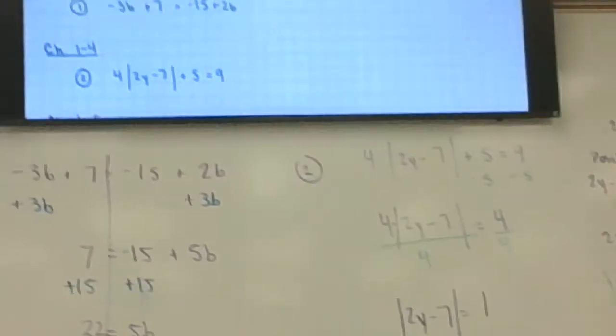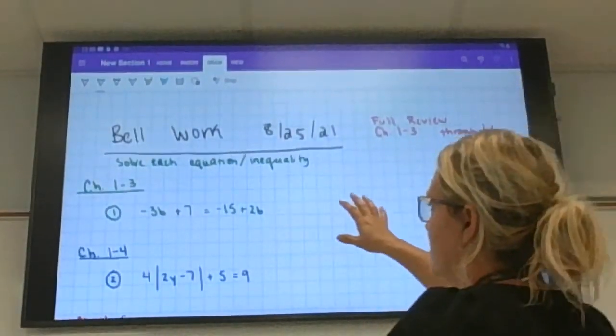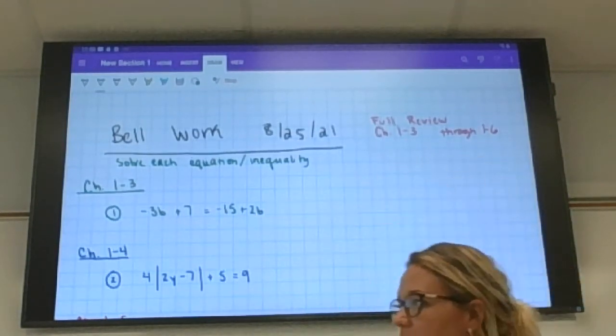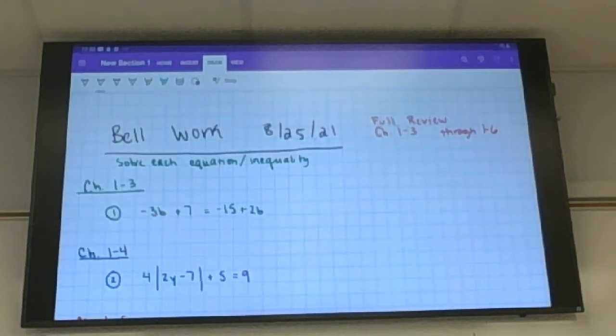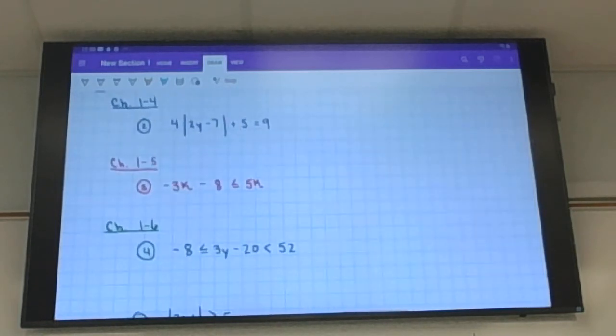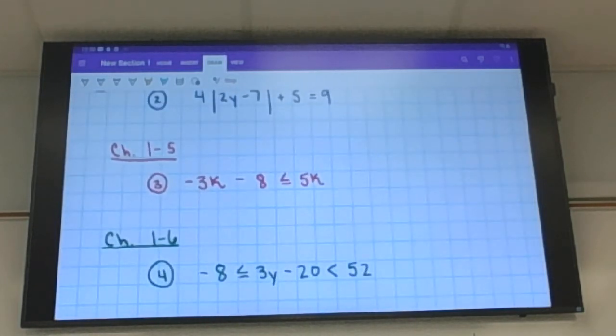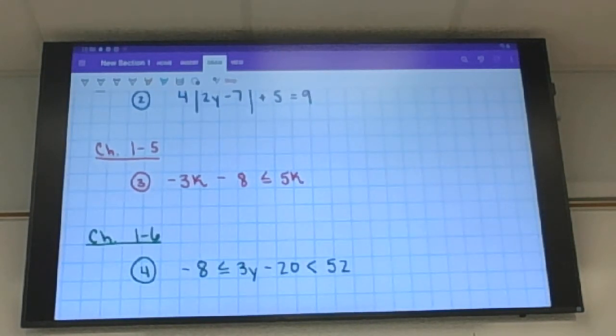There's more to your test than just these two, but this is a review of section 1.3 through section 1.6. Put the things on the wrong side. There you go. 3 and 4. Go ahead.